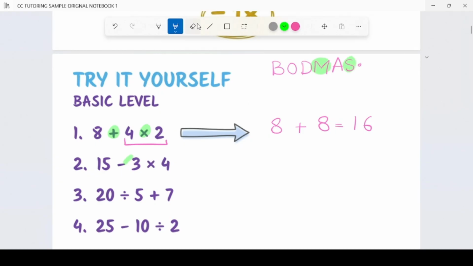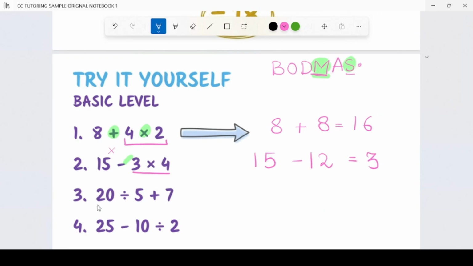Because I know multiplication comes first, I'll multiply first, and after that I'll subtract. So 15 minus 3, I won't subtract first. I'll multiply first, because that comes before subtraction. 4 ones are 4, 4 twos are 8, 4 threes are 12. 15 minus 12 equals 3. I hope you are getting my question and answer.